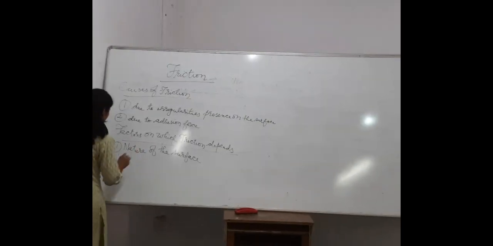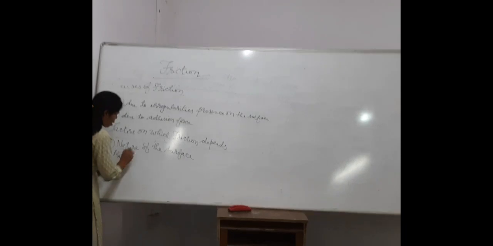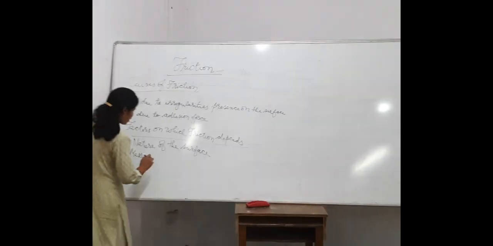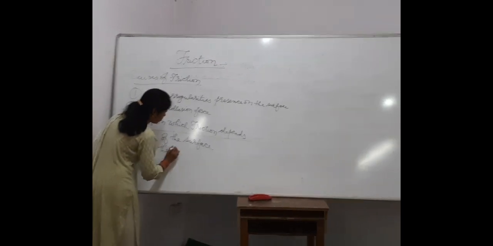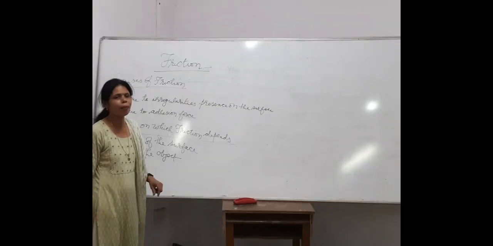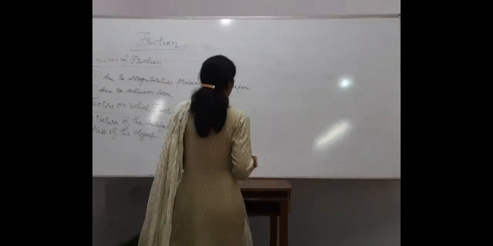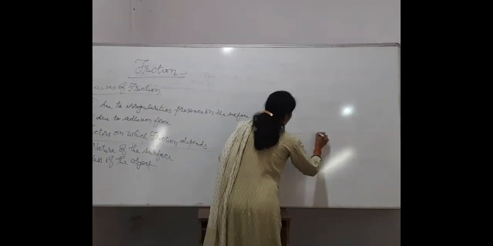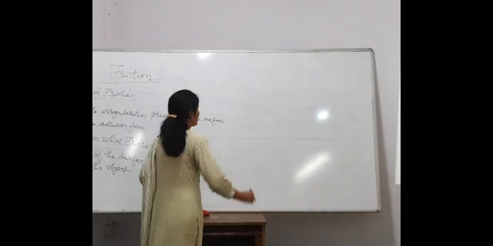Second thing, the mass or weight of the object. Friction depends on the mass of the object. If mass is greater, more friction will be there. Suppose, look here. Here are two smooth surfaces, right?